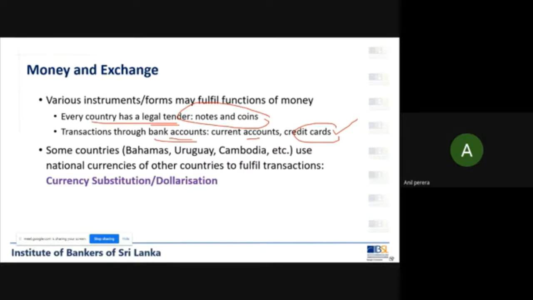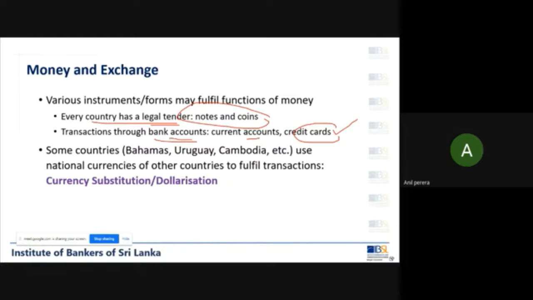Now they have their own currency, but still they use other currencies for the transactions. In Cambodia, sorry, they have a central bank and they have issued currency as well.